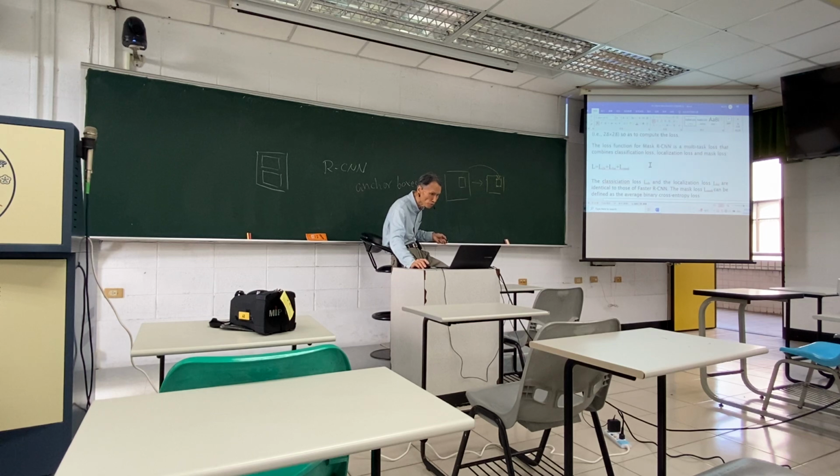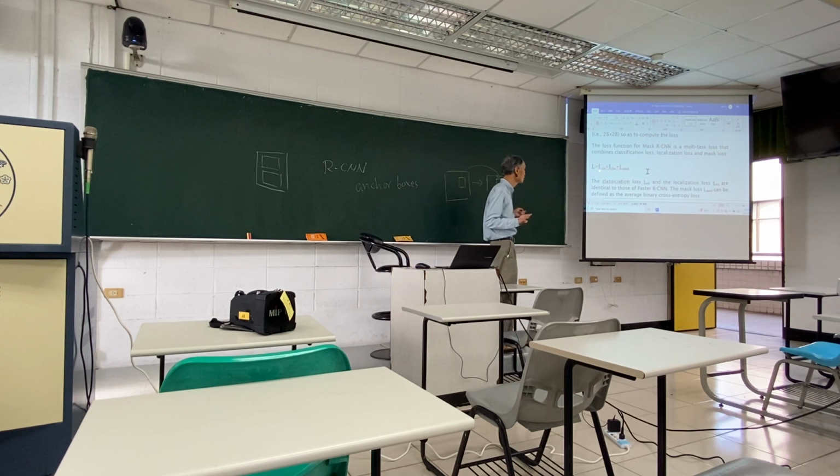Then the final loss function contains 3 terms. The very first L means the loss function. First, you calculate the classification loss, 分类的损失. Then LOC means location, the bounding box loss. And finally is the mask, the segmentation loss.